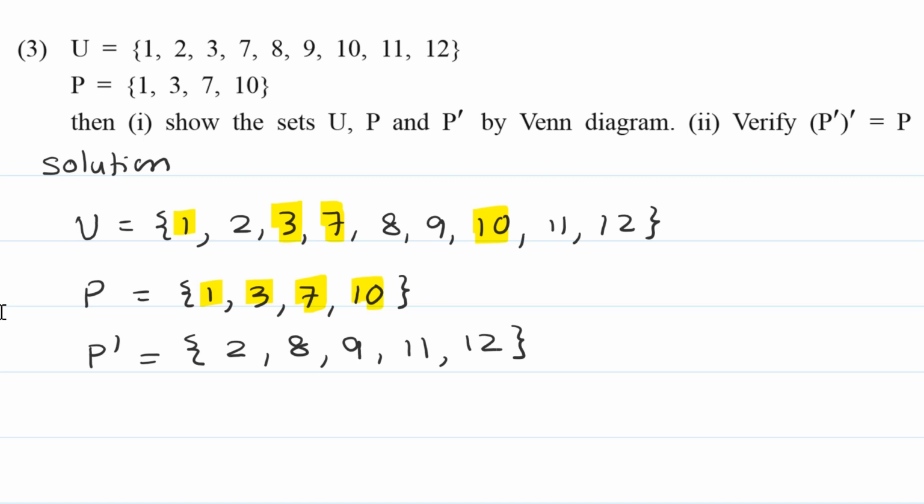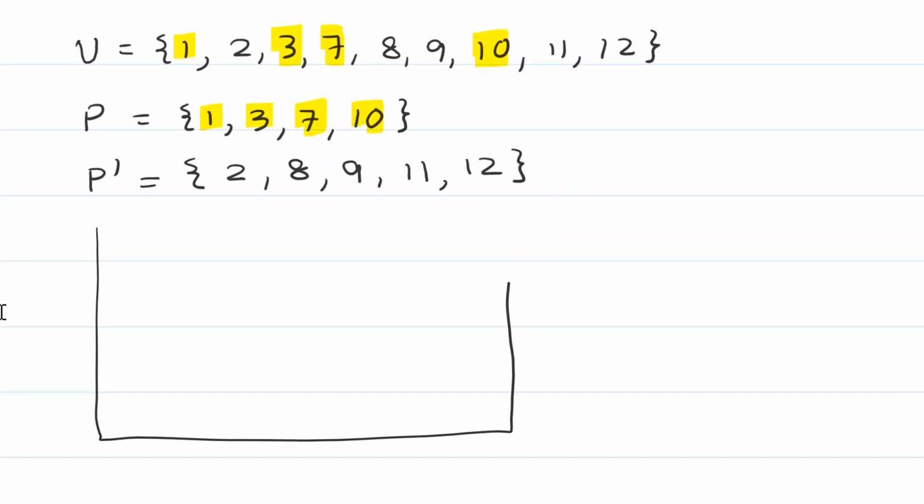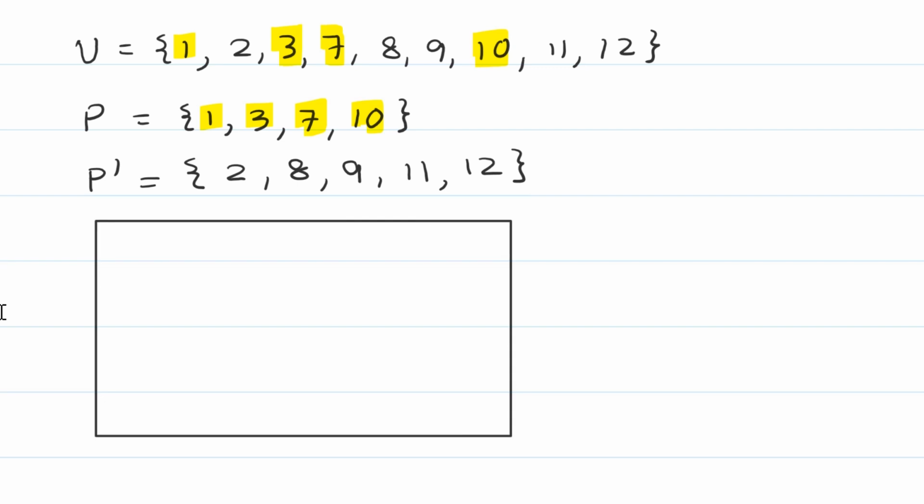Now we will show universal set, P set and complement of P by using Venn diagram. A rectangle for universal set, circle for set A and remaining portion complement. So P set has 4 elements. 1, show dot before 1, dot before 3, dot before 7 and dot before 10.